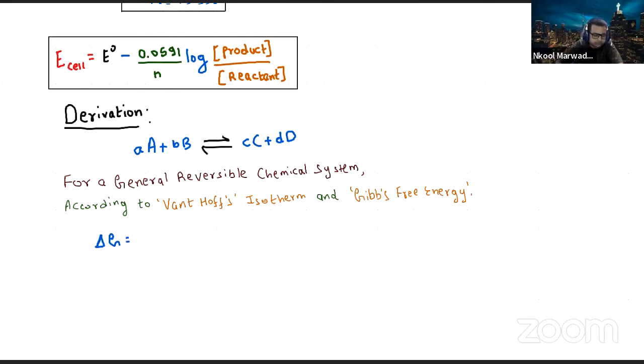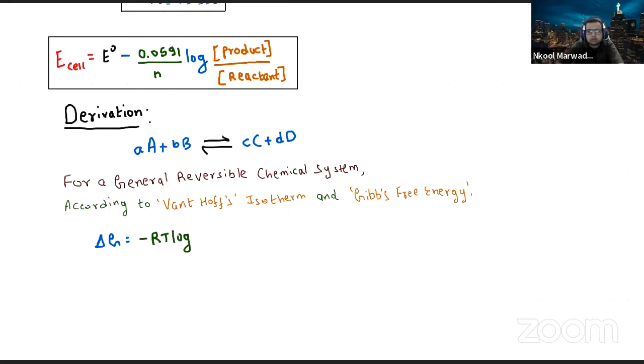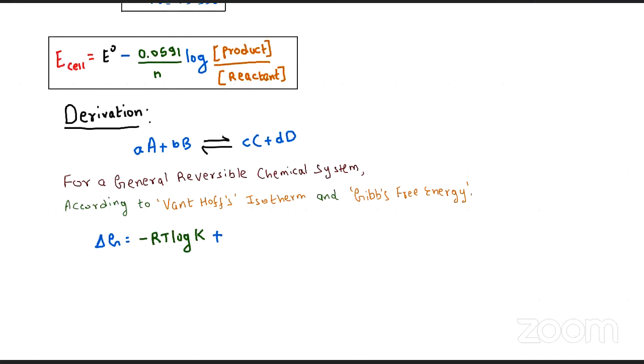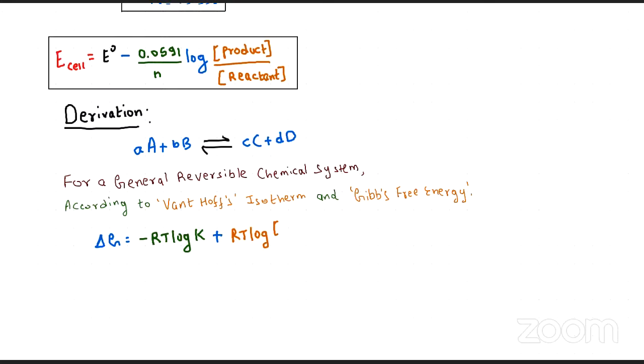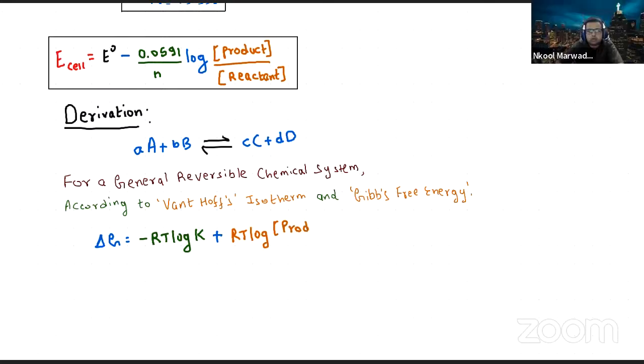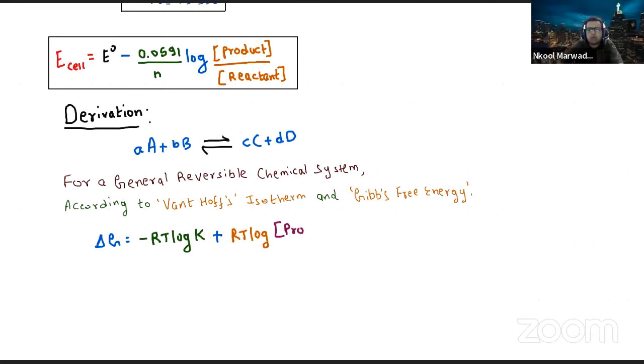Delta G is minus RT log K plus RT log of concentration of product upon concentration of reactant.